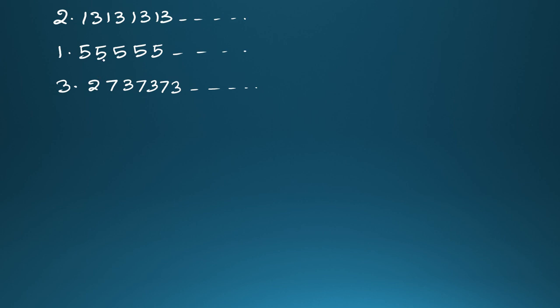Now what's the difference in all these three numbers? You can see there is a pattern after the decimal point, but what's the difference? In the first example, two digits after the decimal point are repeating themselves, 13131313. So this number can be written as 2.13 bar.